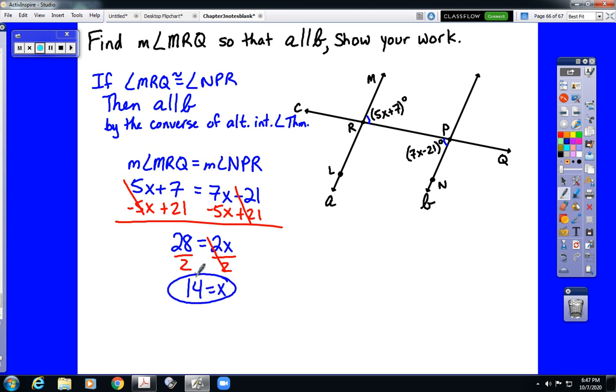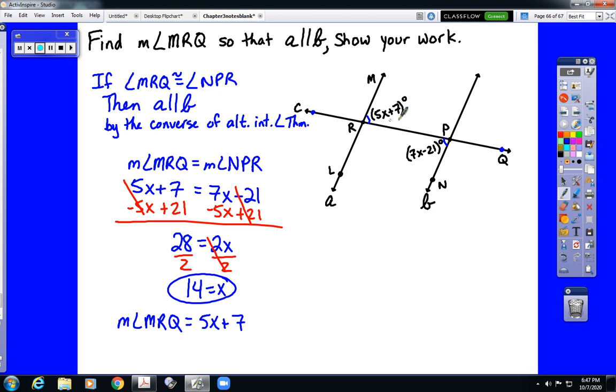Now, in some problems, we would be done here, but this does not say find x. This problem says find the measure of angle MRQ. So what we need to do next is plug that 14 into the 5x plus 7, because that is the marking of the measure of angle MRQ. Yes? C is down here, Q is down there.